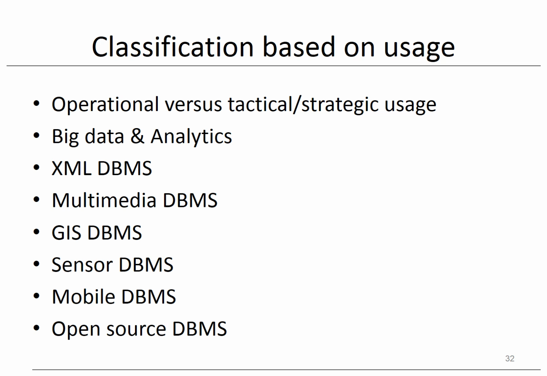DBMSs can also be characterized based on usage. In what follows, we will discuss operational versus tactical or strategical usage, big data and analytics, XML DBMSs, multimedia DBMSs, GIS DBMSs, sensor DBMSs, mobile DBMSs, and open source DBMSs.